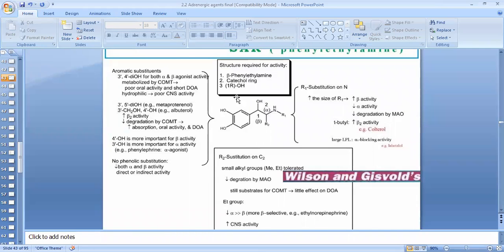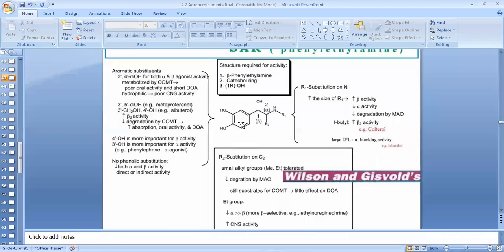But if we shift this hydroxyl group to the 5th position, the name of the drug is metaproterenol. 3-CH2OH and 4-OH, that is albuterol. So when these substitutions are changed, they will increase the beta-2 activity, decrease the degradation by the catechol O-methyl transferase enzyme, and increase absorption, oral activity, and dopaminergic activity.